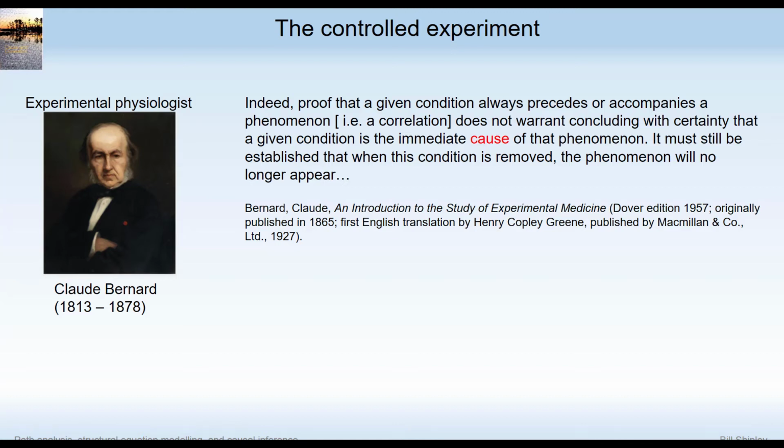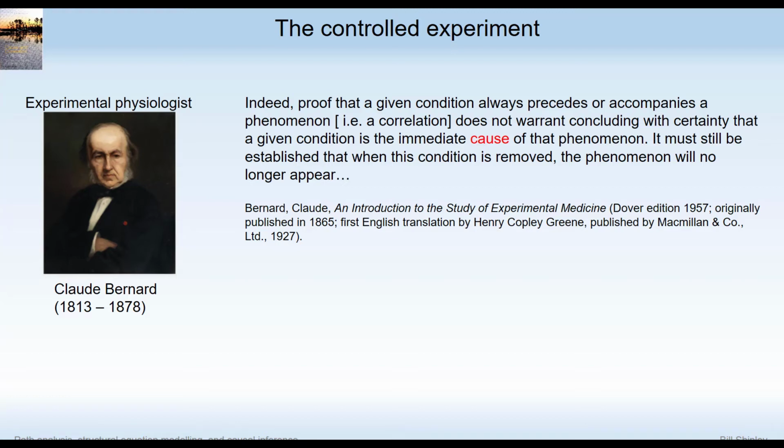He was one of the first experimental physiologists, and the first one to really formally and explicitly describe his logic in using a controlled experiment to derive cause and effect conclusions. The English translation of the book is called An Introduction to the Study of Experimental Medicine.